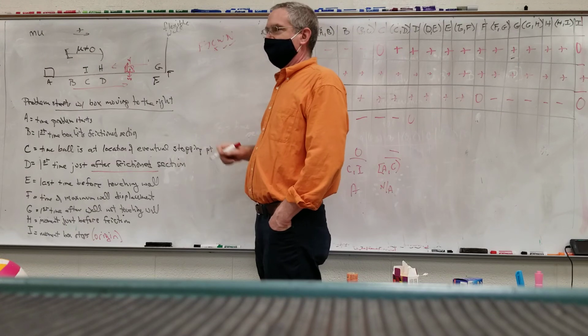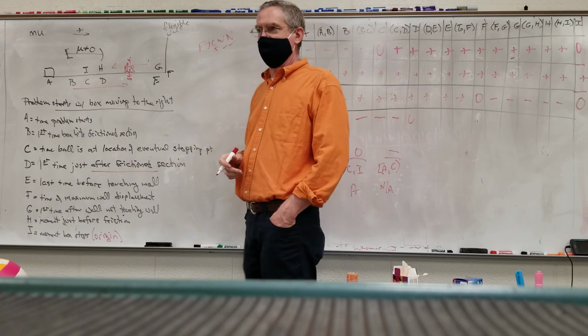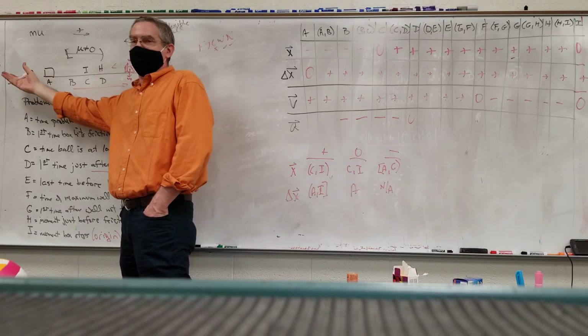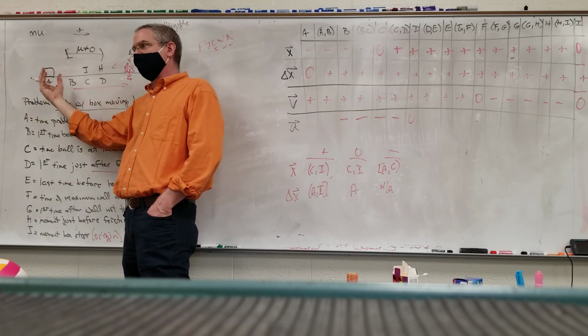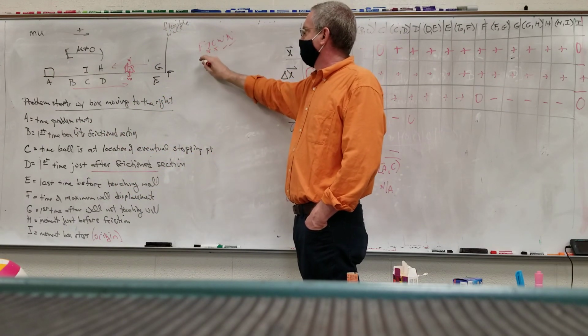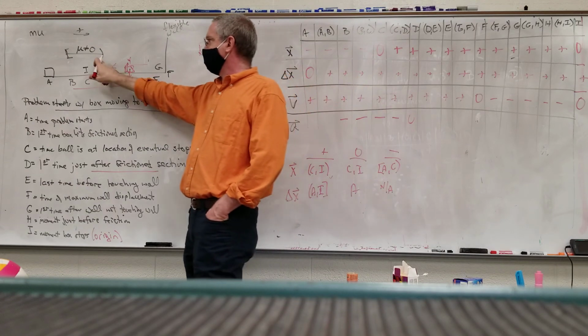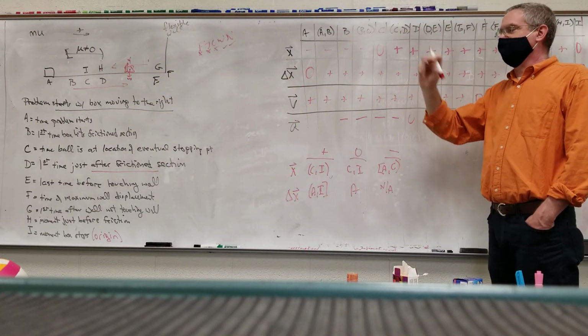There's no mystery. The only time that there might be a mysterious force is how A got started to begin with, but not necessarily. It is possible that A came into existence already moving to the right. Definitely there's no ropes involved, and there's no friction because friction ends here. So I have only two forces.